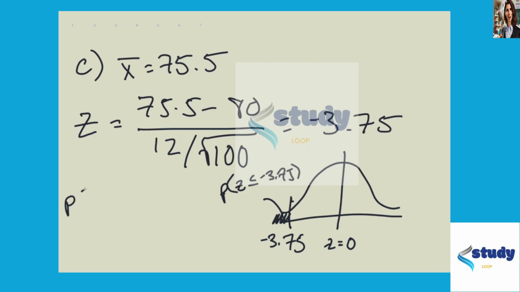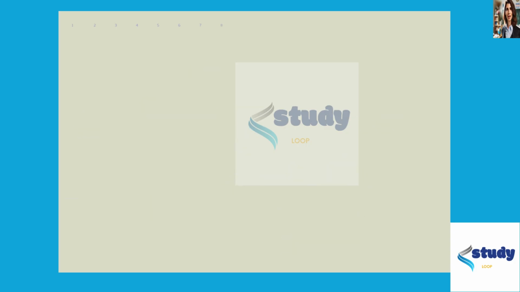If we calculate that value, we get a p-value of approximately 0.0001.